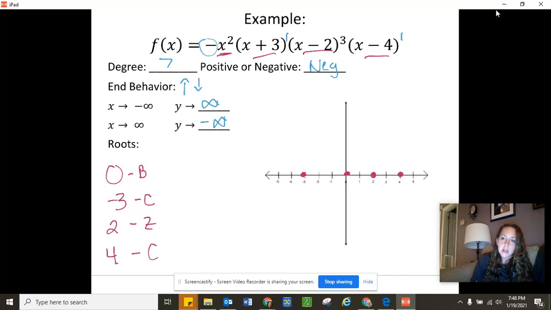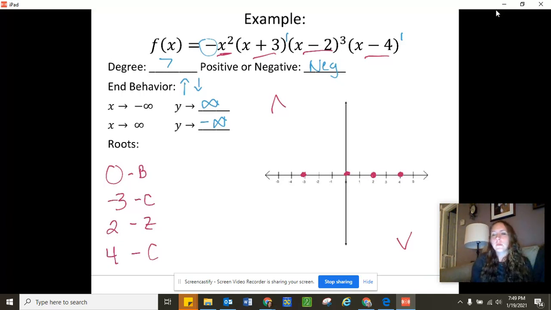And then based on my end behavior, I'm going to put arrows. If I have an up arrow, it's going to be at the top of the graph, and if I have a down arrow, it's going to be at the bottom of the graph. So if I do this right, I should start at the arrow to the left and end up at the arrow at the bottom.